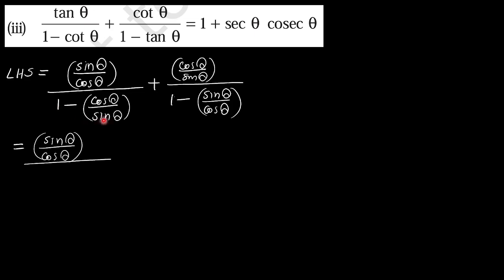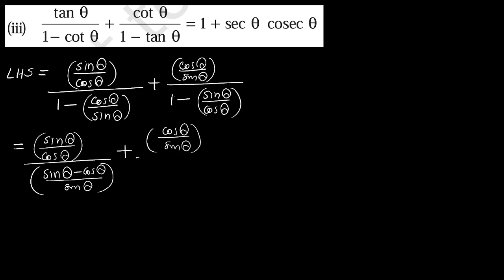Can I cross multiply this? 1 into sin minus cos, sin theta minus cos theta, divided by sin theta. Sin theta minus cos theta by sin theta, plus the numerator side cos theta by sin theta. Cross multiplication, the denominator gives you cos theta minus sin theta by cos theta.